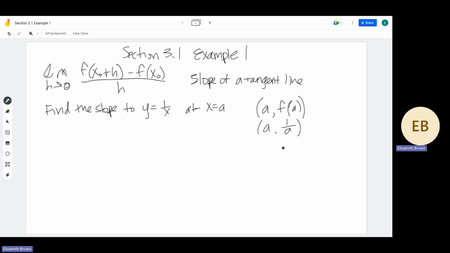So what we're going to do is we're going to use this information with the slope of the tangent line definition above and see if we can come up with the answer. So we'll call this m for now, since we're all used to calling slopes m. So we have the limit as h approaches 0 of f of x 0 plus h. Our x sub 0 in this problem is a.